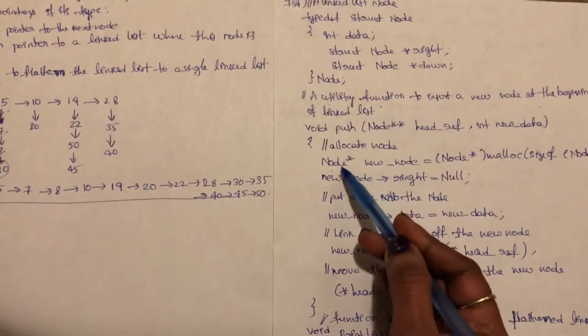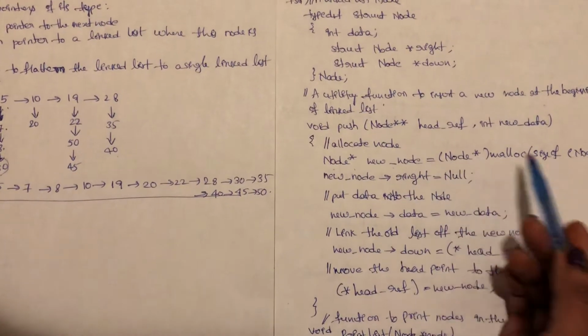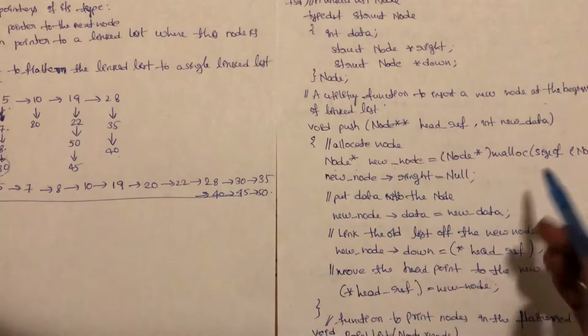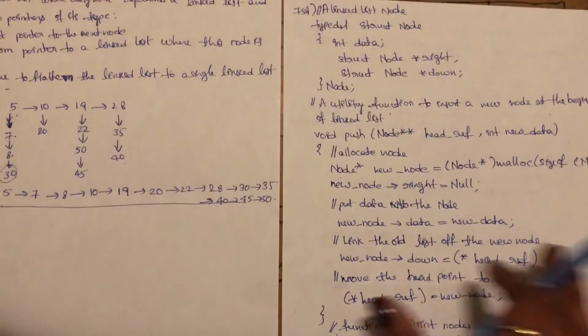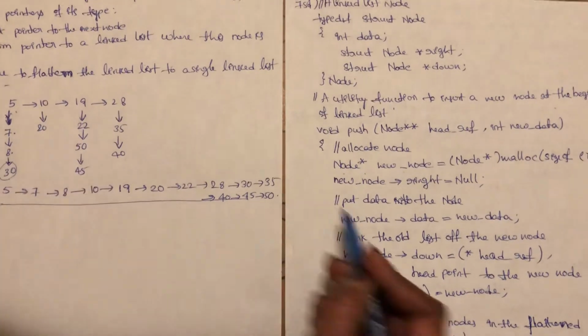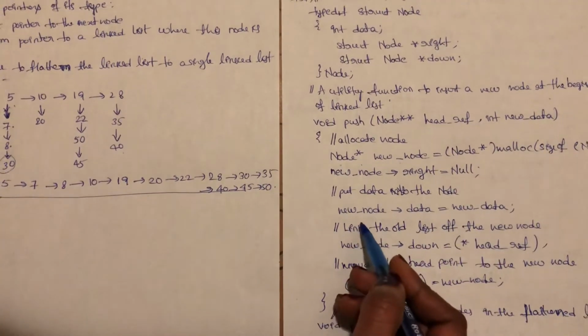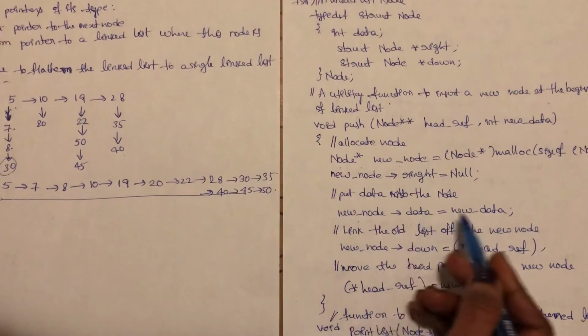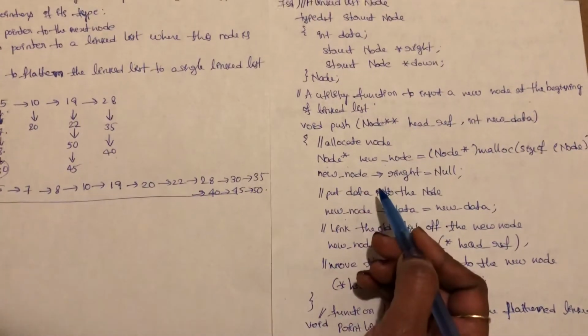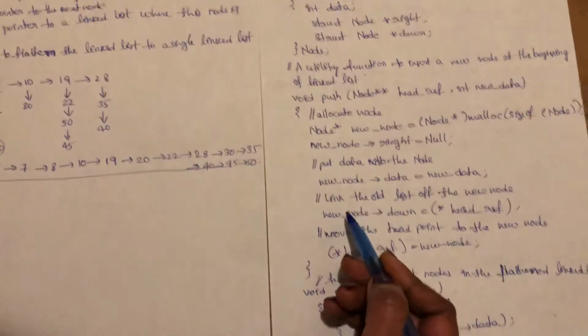If we see, the new node is allocated with malloc of size of node, and new node's right is equal to null, then put into the node. New node's data is equal to data. If its right is null, then the new node will be put into the node.